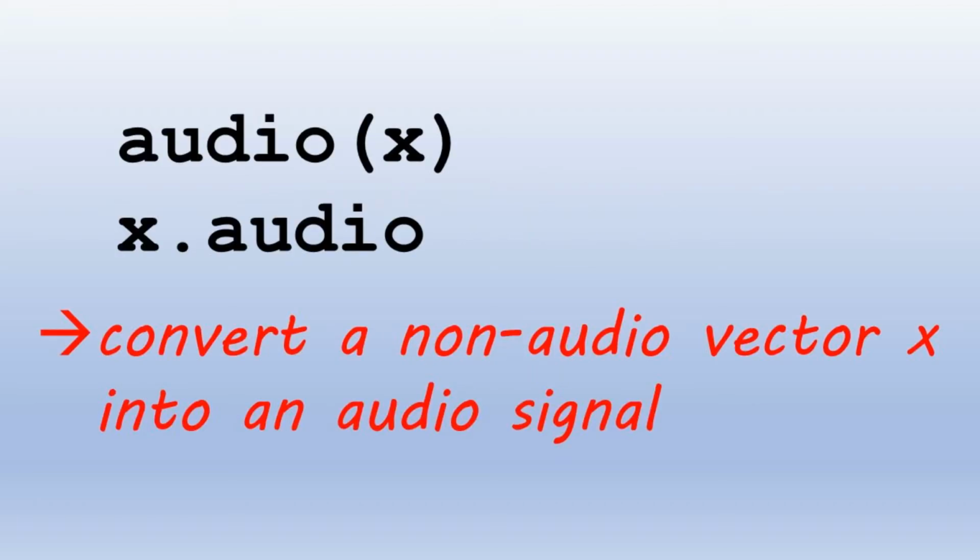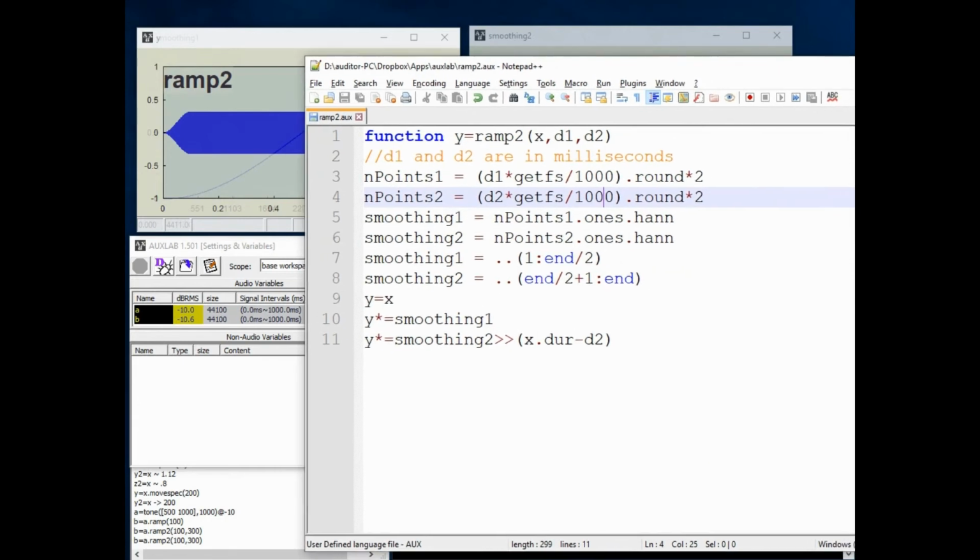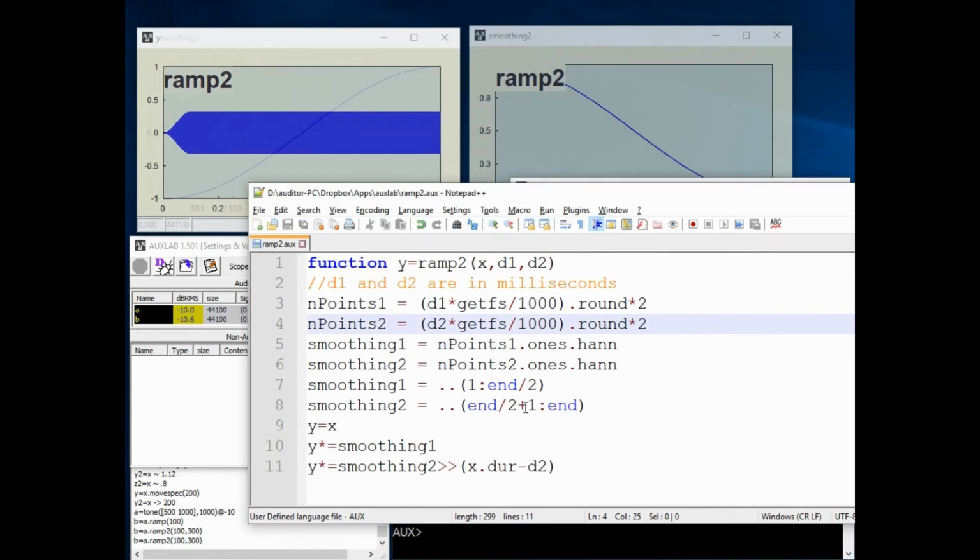You cannot apply time shift operator to non-audio variable. How do we fix it? Use another function that converts non-audio to audio. So in this case, you can just put dot audio right after smoothing 2. So let's go back to the editor, add dot audio on line 11. Then save the file and try again.